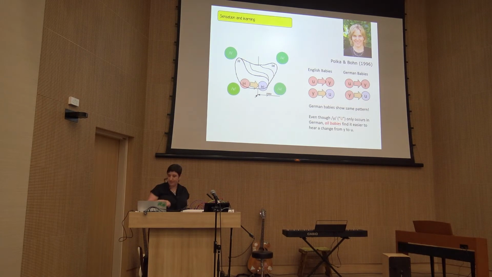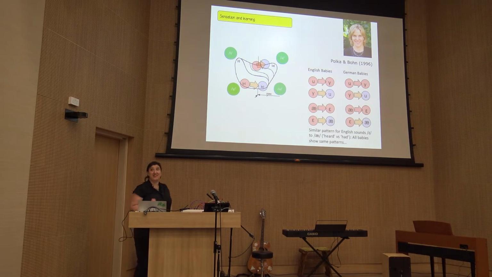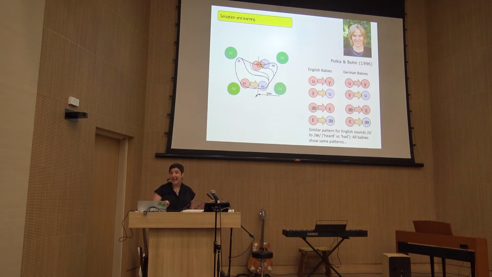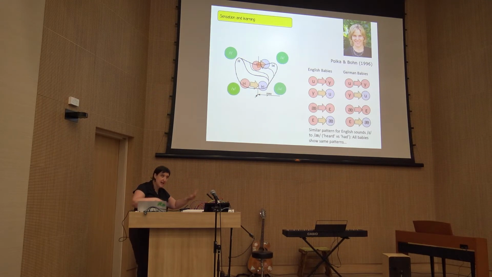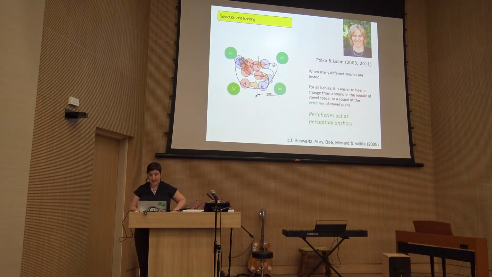So the researchers involved in this program of work went back and checked a bunch of other sounds. And they tried to look at sounds which English has but German doesn't. And once again, they found that there was a symmetrical pattern for babies all over the world. There are some sounds that babies preferentially respond to and others that they don't.